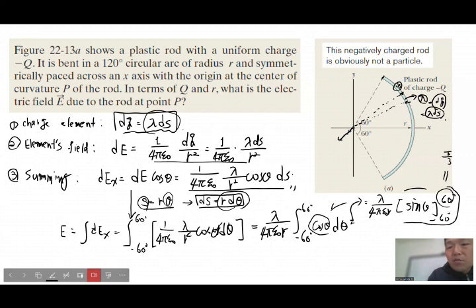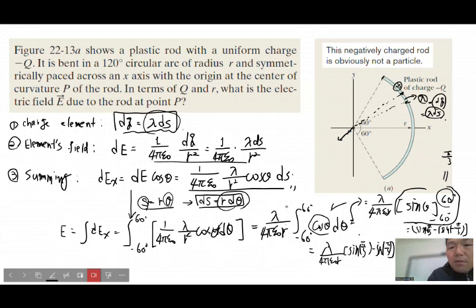So this is sine pi over 3 minus sine minus pi over 3. That results in lambda over 4 pi epsilon naught r times sine pi over 3 minus sine minus pi over 3.